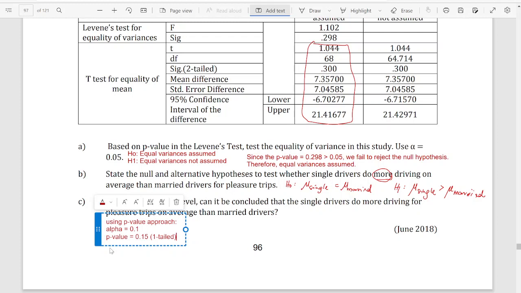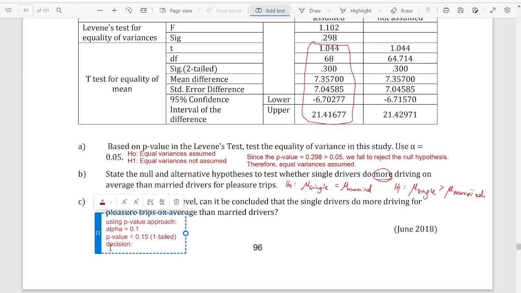So you just divide 0.3 dengan 2. Okay, so you akan dapat 0.15. Okay, so from here you can determine whether you have to reject the null hypothesis or fail to reject the null hypothesis.